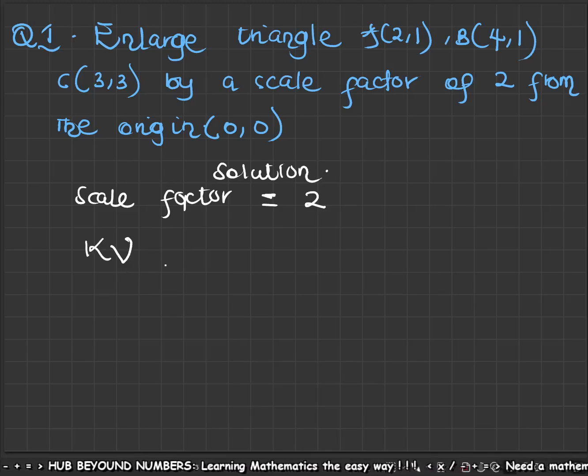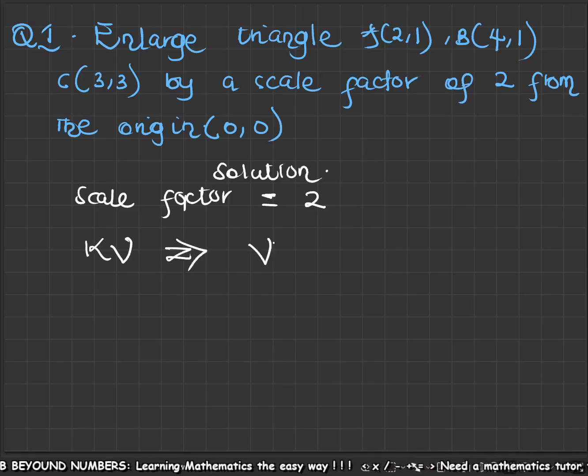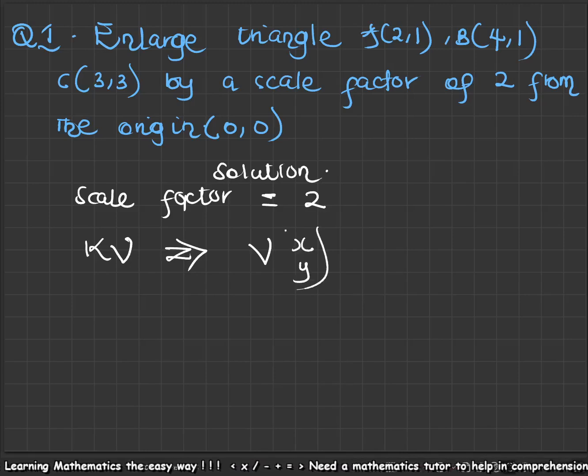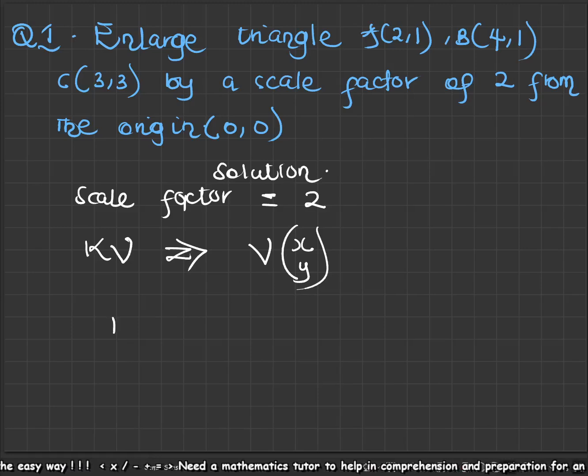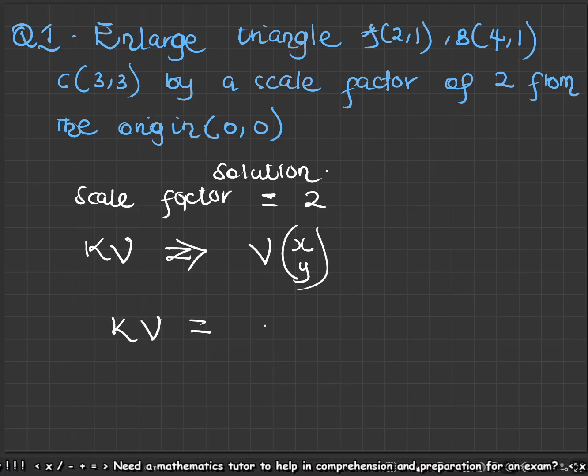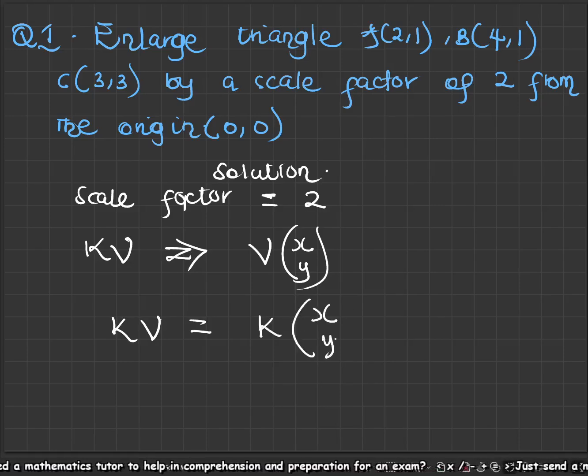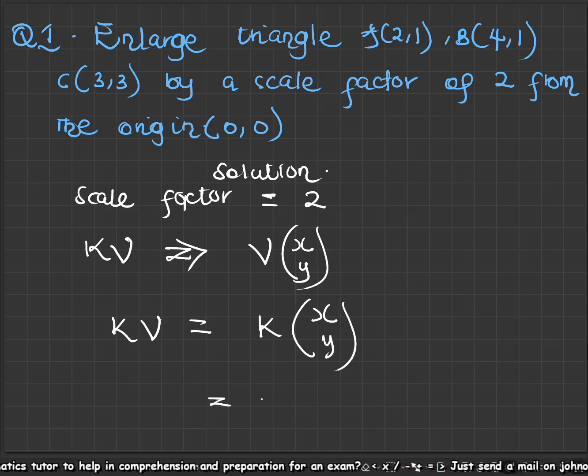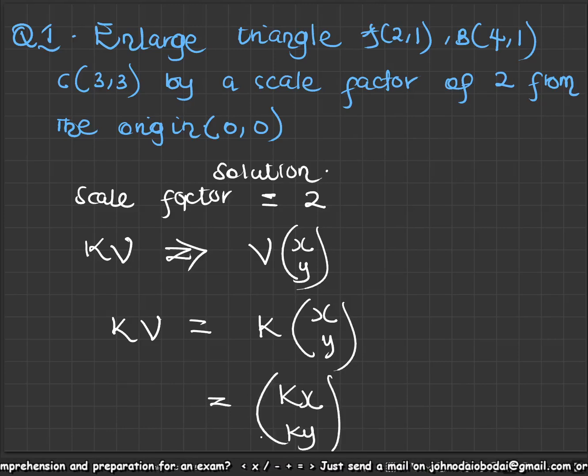And as you know, if a vector has coordinates x, y, then kv, which is multiplying the vector by k, is going to be kx and ky. This is all we are going to apply, you see. So this is how we multiply vectors by scalars.